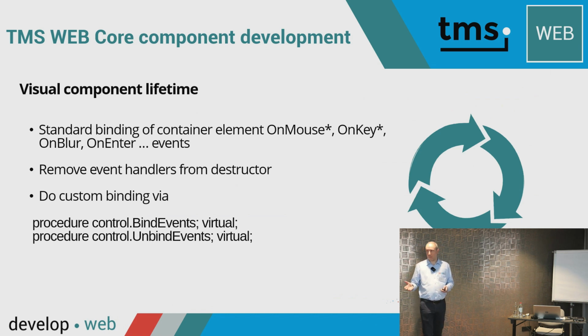And to do that custom binding, the T-Custom Control class offers you two virtual methods. That is a bind events virtual method and an unbind events virtual method. You might ask, why is it important to also do unbind?